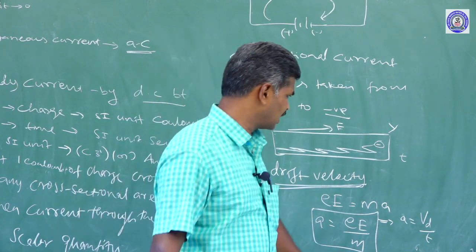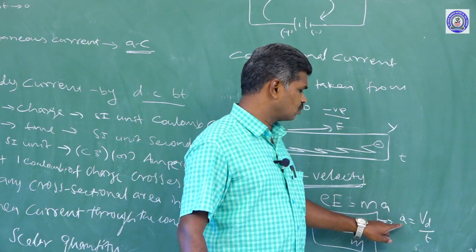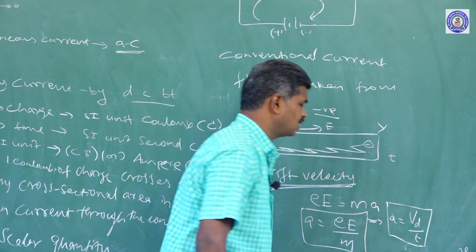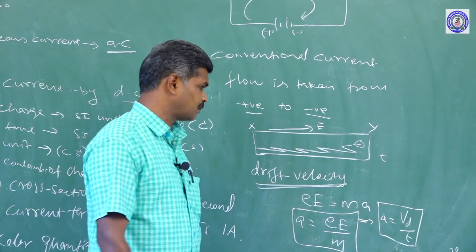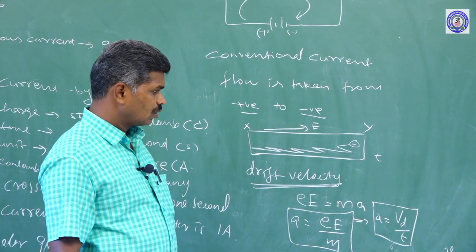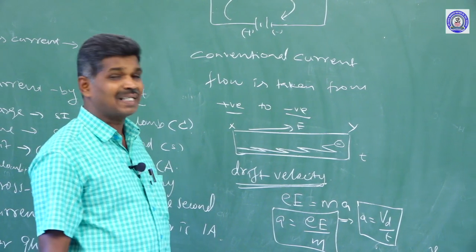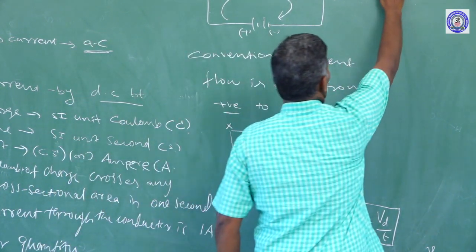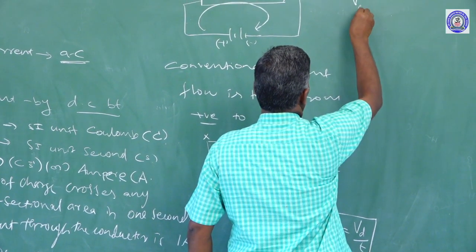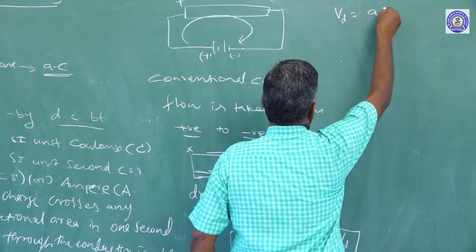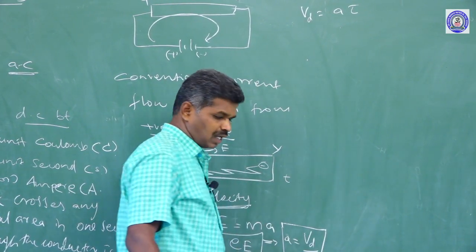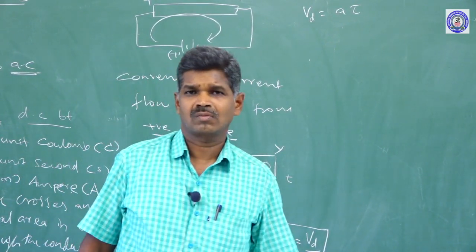So, we can take a is equal to Vd by t. The acceleration of each and every electron equals the drift velocity divided by the time taken. So, the drift velocity Vd is equal to a tau. Here time is represented by tau.